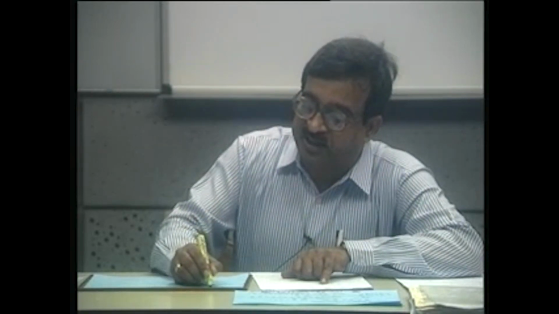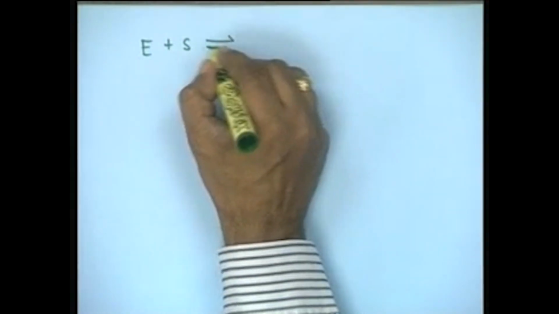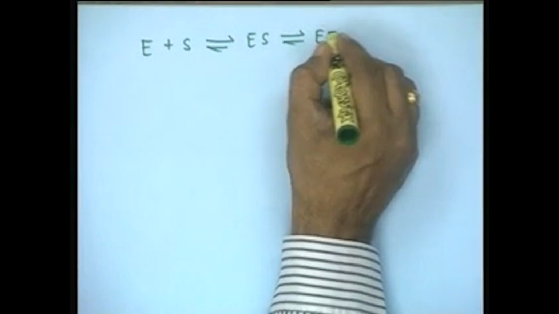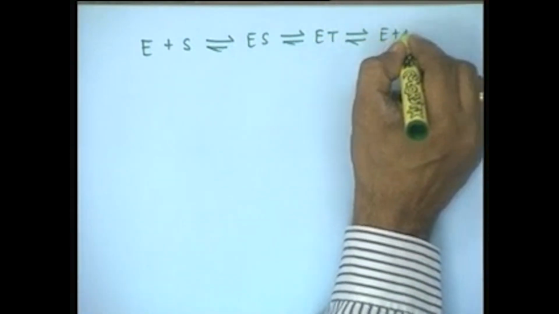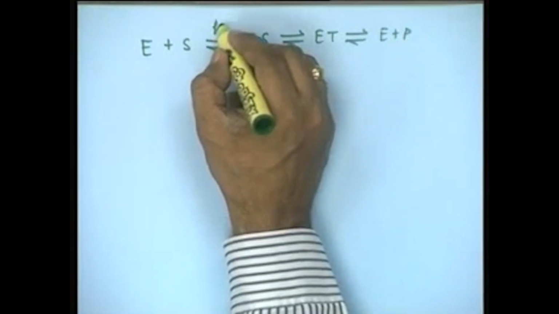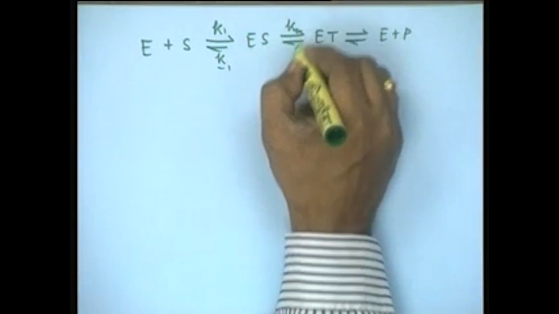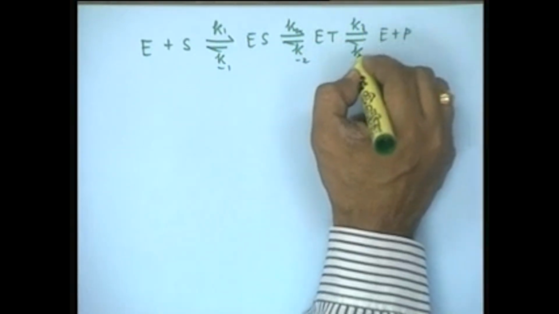Let us assume the reaction follows the type of mechanism as indicated here, E S going to E T, a totally reversible reaction, with the rate constants K1, K minus 1, K2, K minus 2, K3, K minus 3.